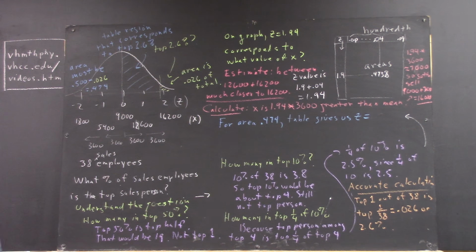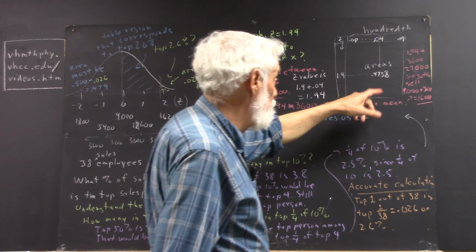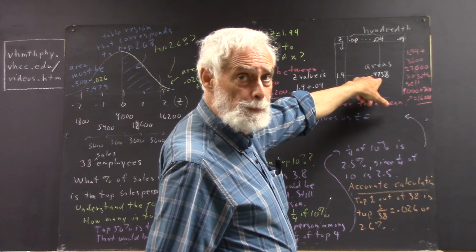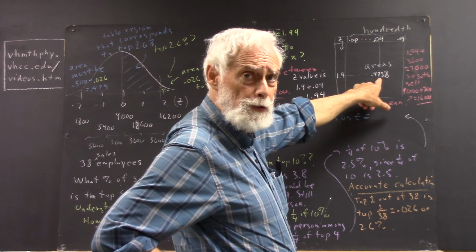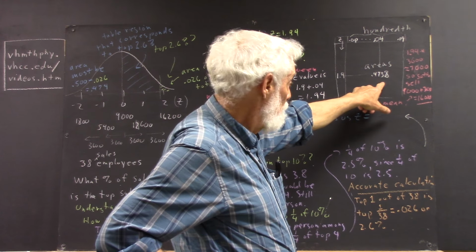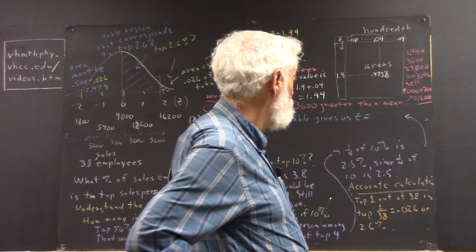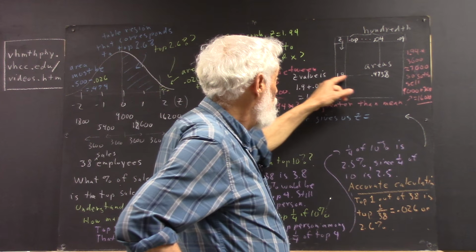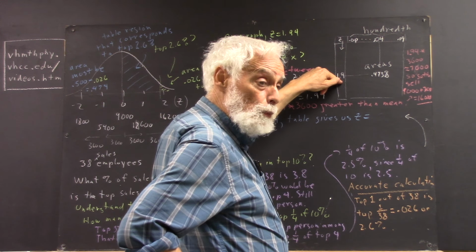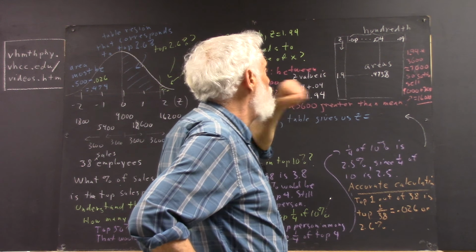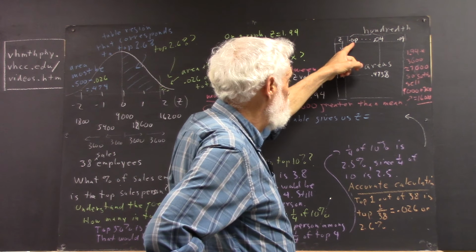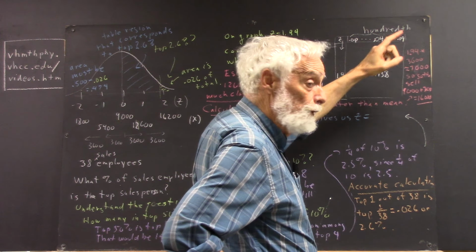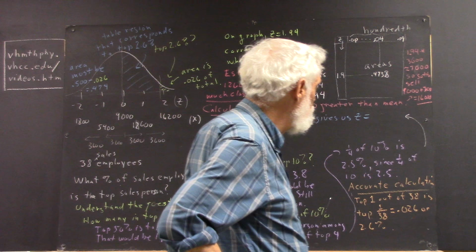Okay, so the two numbers we get in our table, and here I've indicated it. First place, we don't get exactly 0.474, we get 0.4738, but that rounds to 0.474, and it's real close. We come over to the z-values, and we get 1.9. And then we have our hundredths that go from 0.00 to 0.09, and so forth.